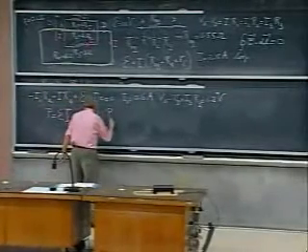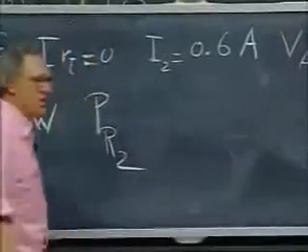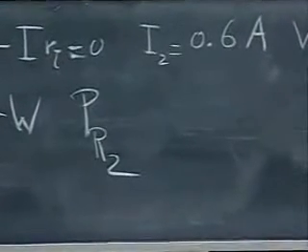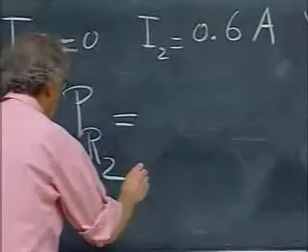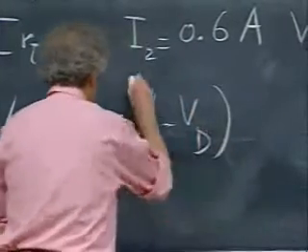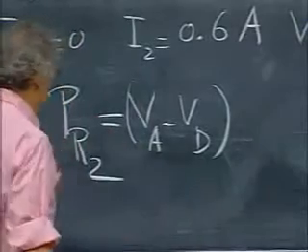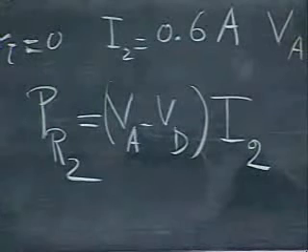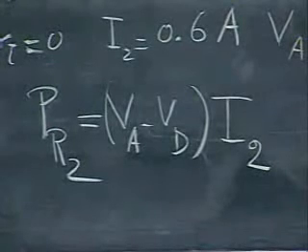How much power comes out in resistance R2? Well, that is, of course, the potential difference over R2, which was that VA minus VD, times the current through R2. Power is potential difference times current.